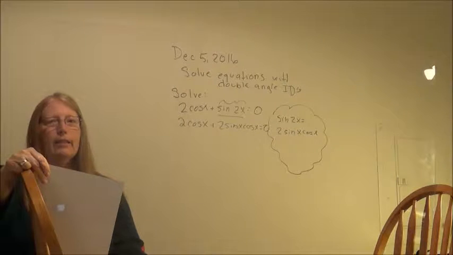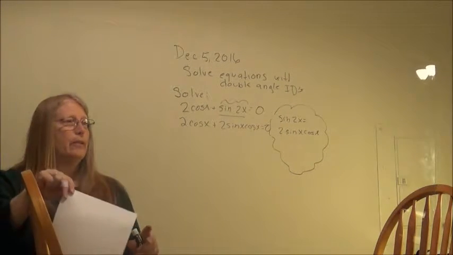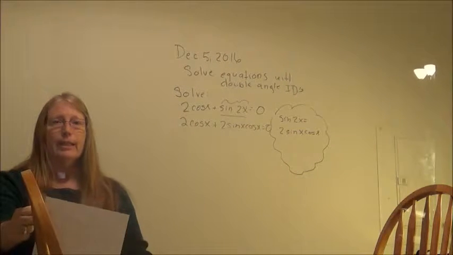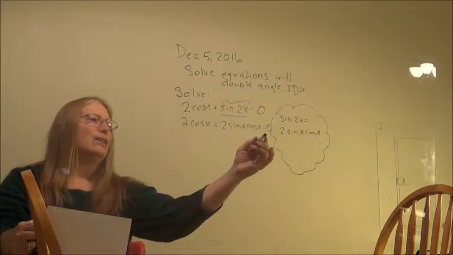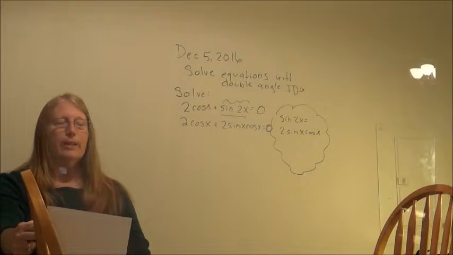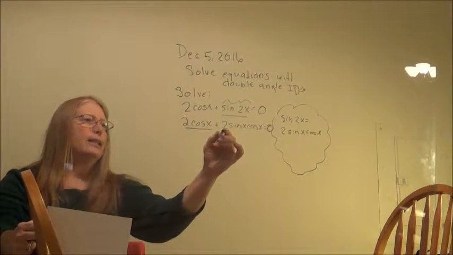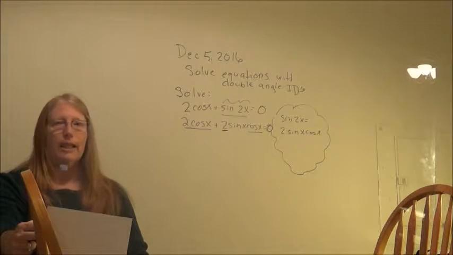So that looks like something that you solved on a test not long ago, and some of you on that test were virtually error-free. So it's time to bring out those error-free skills again and solve this. When it's set equal to 0, it's important to factor it. So I see a 2 and a cosine x in this term, and a 2 and a cosine x in that term.